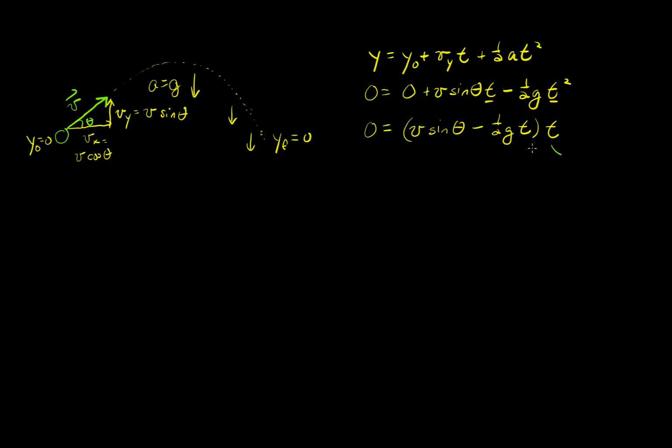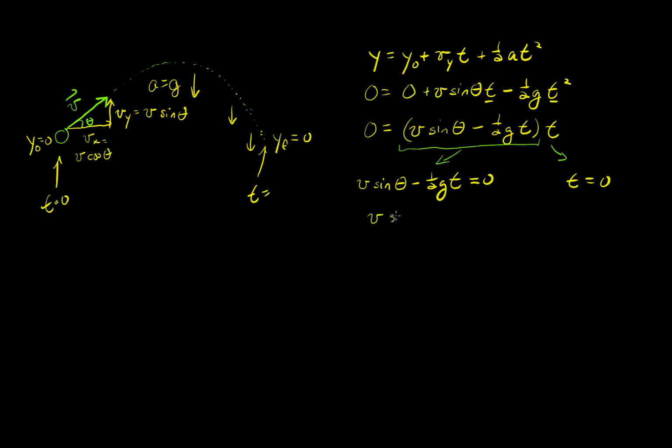This piece, and then we take this whole thing, and we set them both equal to 0. So v sine theta minus 1/2 gt equals 0, and then t equals 0. This one right here, that's this time over here, t is equal to 0. That's not the one I want. I want the t over here, and that's in here.